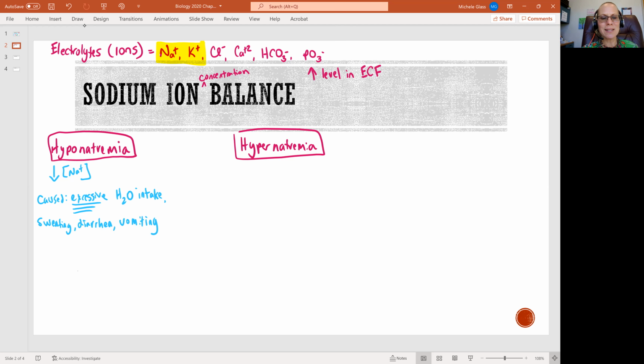In each case, not only are you getting rid of water, but you're also getting rid of electrolytes. You're getting rid of that sodium. So these can also be causes of hyponatremia.